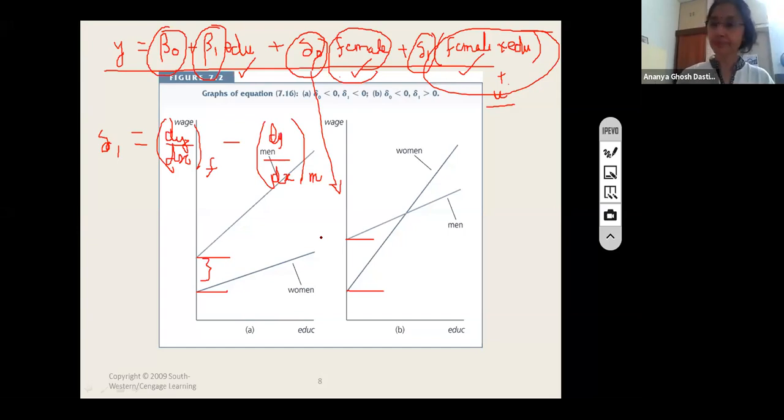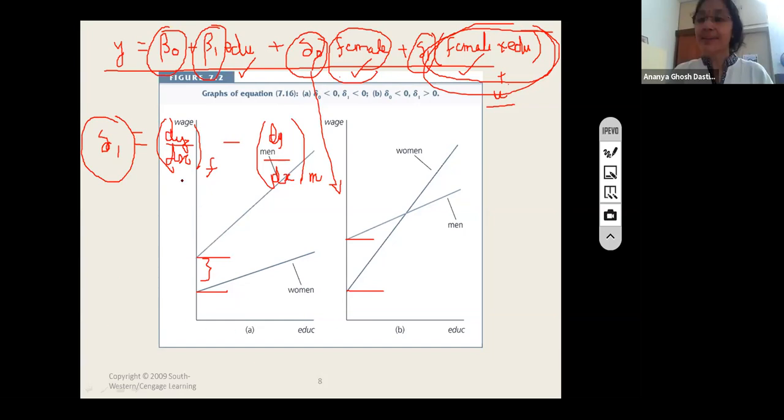Okay. And which is the slope dummy? So this is the slope dummy. Female into education is actually your slope dummy, right? Once you have looked at the coefficient of the slope dummy, which is your delta 1, it's called a slope dummy because it's actually giving you the difference between the slopes.